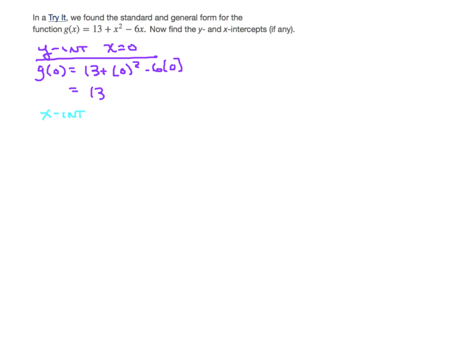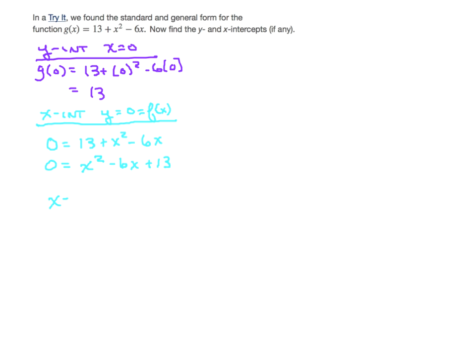My x-intercepts are a little trickier. That's what I get when I plug in 0 for y, also known as f of x, in this case g of x. All right, so 0 equals 13 plus x squared minus 6x. I'm going to rearrange this to standard form: x squared minus 6x plus 13. 13's prime, so this thing's not going to factor.